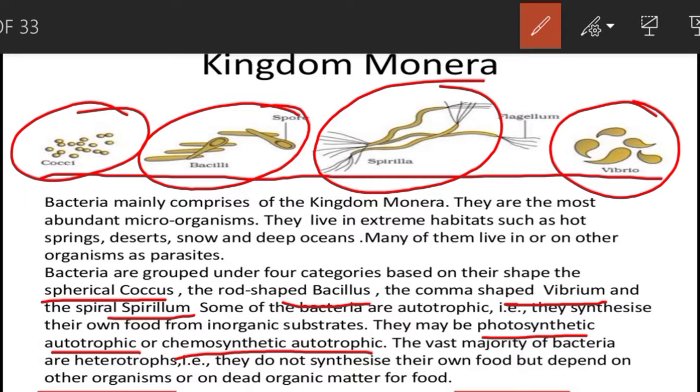Bacteria reproduce by asexual and sexual processes. Asexual reproduction occurs by binary fission and endospore formation. Binary fission is a simple cell division in which the bacterial cell divides into two parts. A constriction appears at the equator of the cell, deepens further and grows from margin to center, and finally two new cells are produced.